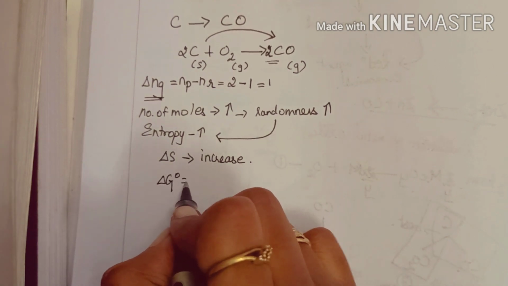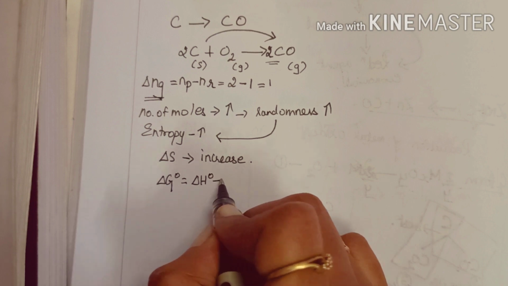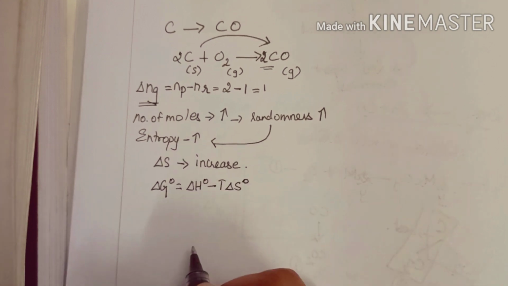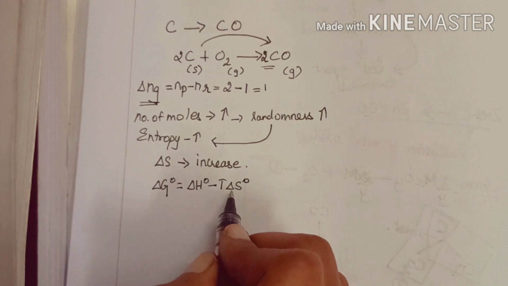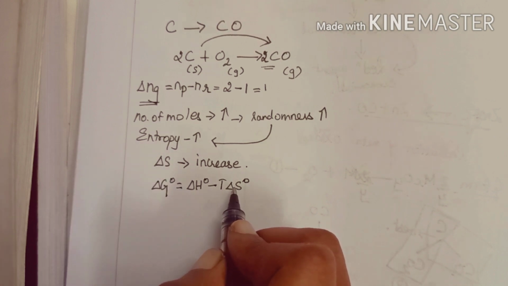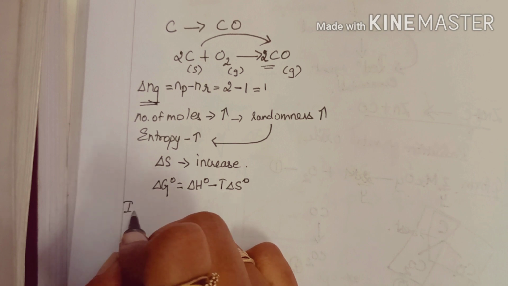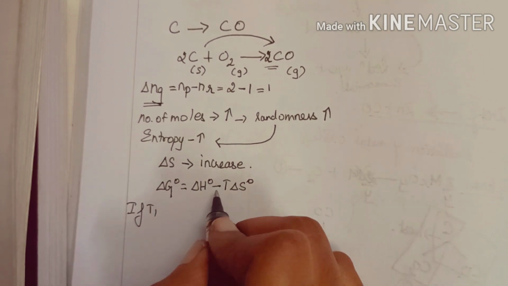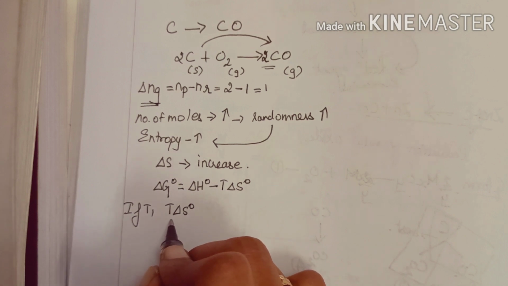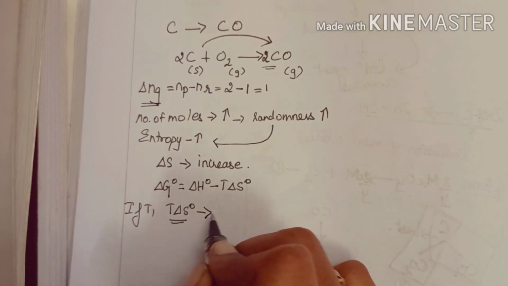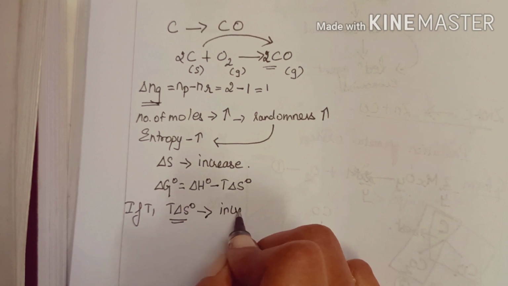Now we know that delta G naught is equal to delta H naught minus T delta S naught. So if delta S increases, then if temperature increases, what happens to the T delta S naught value? It will increase.